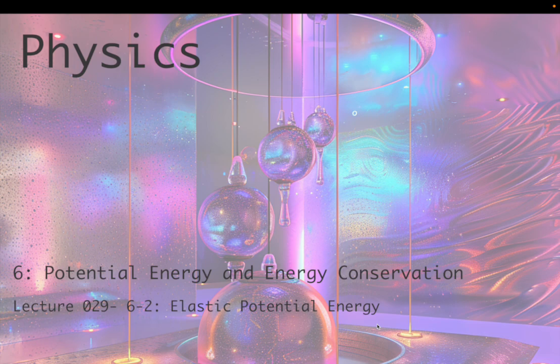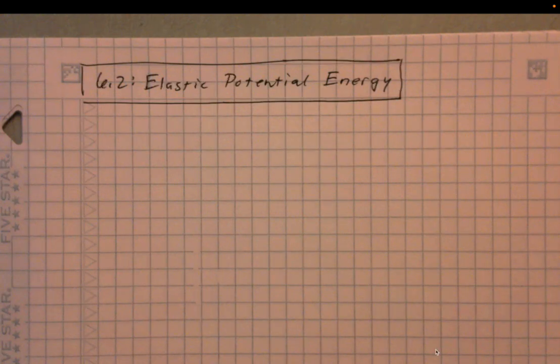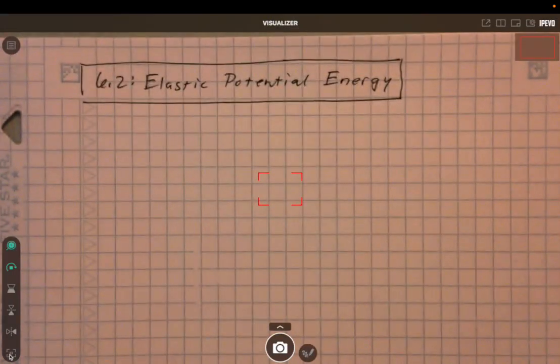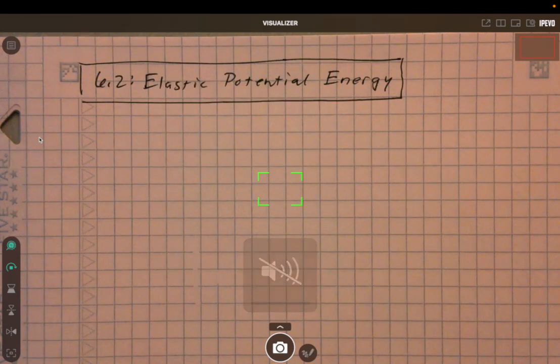So it'll be a slightly shorter section, because it has a lot of the same concepts taken from the previous. So let's go ahead and get started. And we'll call this section 6.2 elastic potential energy.